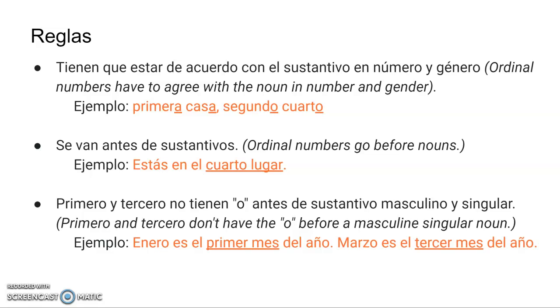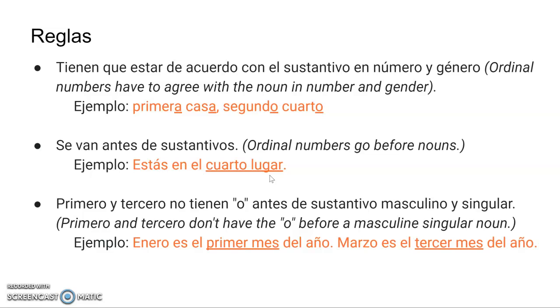Sometimes if you're identifying the location of something, then if you're identifying a person, saying you are the fourth person, then that might be a time to use ser. But this rule here, we're talking about ordinal numbers going before nouns. Cuarto lugar, we would not say lugar cuarto.